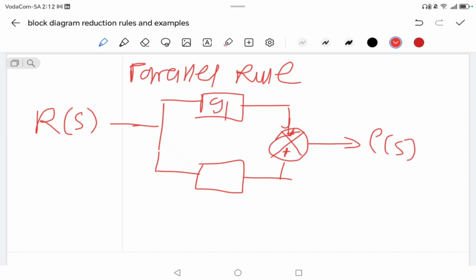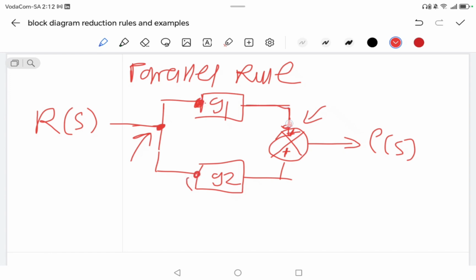Then, as you have had, this is easy, right? So this is our takeoff point, this is our adder or summation, and this is our takeoff point, right? So this is basically our parallel, because this R here is connected to this one, and then this takeoff point is connected to this.